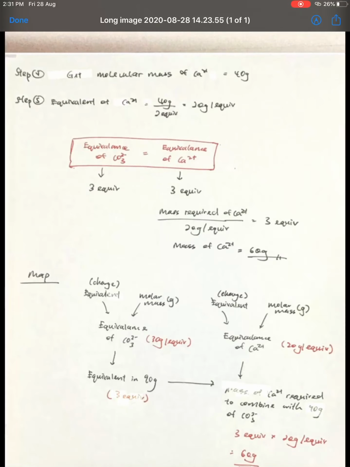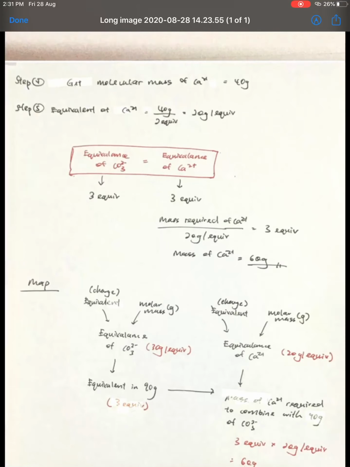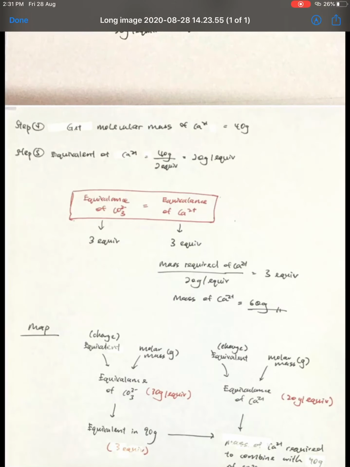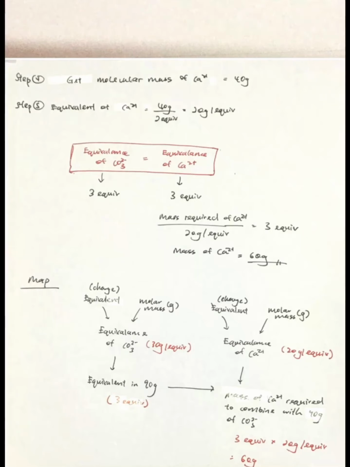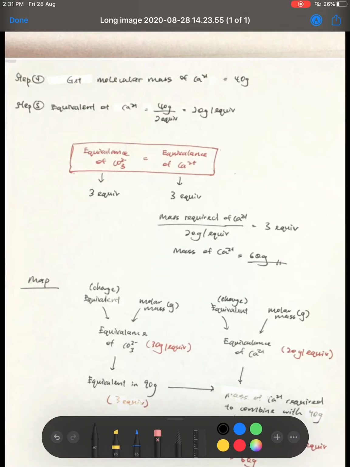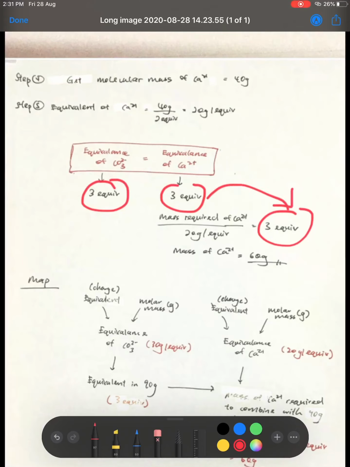So the mass required of Ca2+ divided by the equivalent of calcium ion is equal to 3 equivalent, because this must be the same as this. Hence we get 60 gram of calcium.